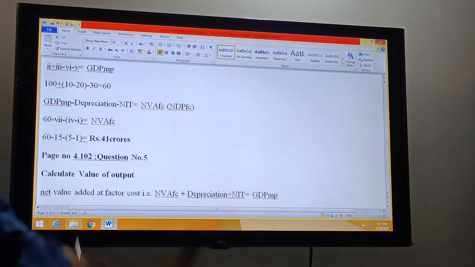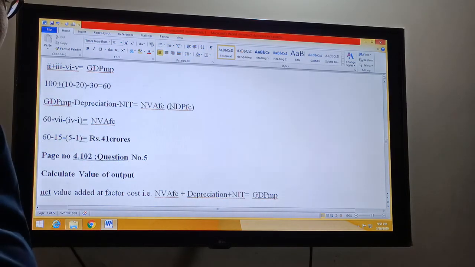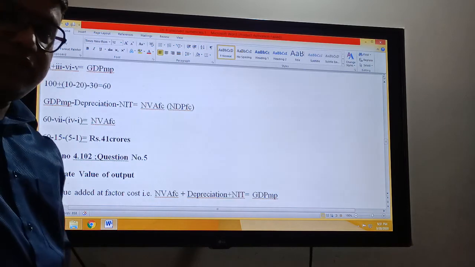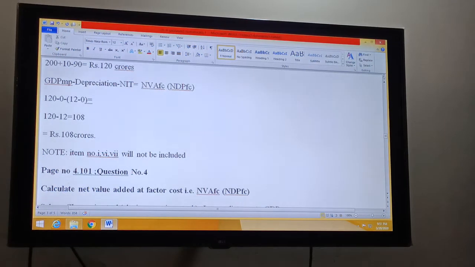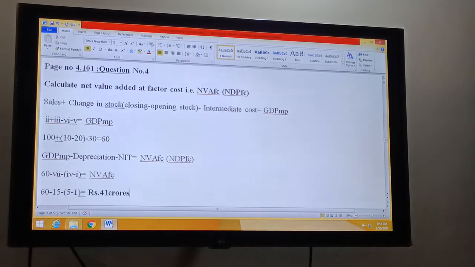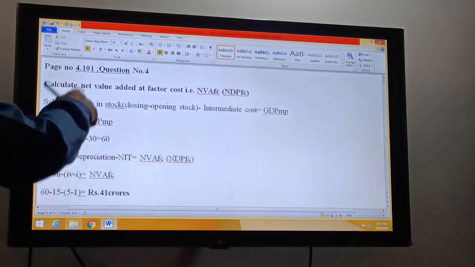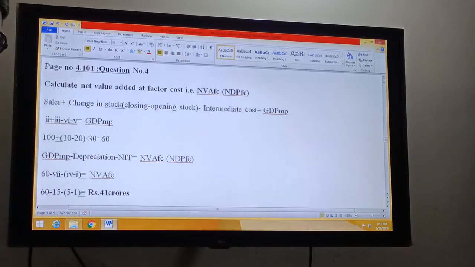Rupees 41 crore is your final answer, that is NDPFC. Again, you can take a screenshot of this numerical.